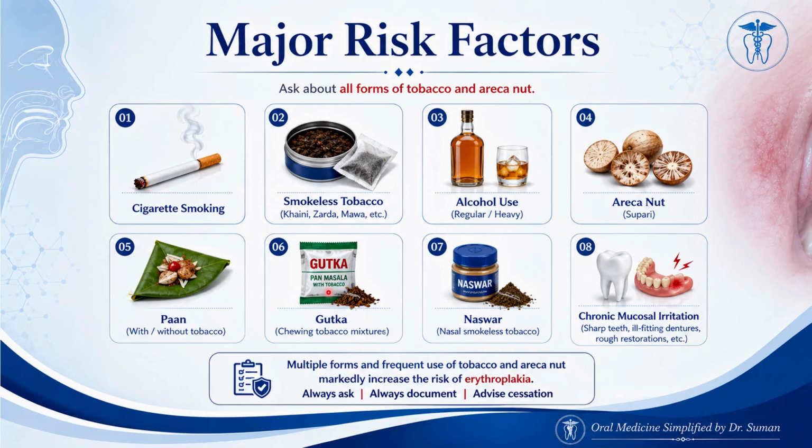Chronic irritation may produce red mucosal changes, but it should not be used as a convenient explanation for every persistent suspicious lesion. If a sharp tooth, restoration, or denture is suspected, the irritant should be removed and the lesion should be reassessed within a short interval. If the lesion persists, biopsy or referral is required.